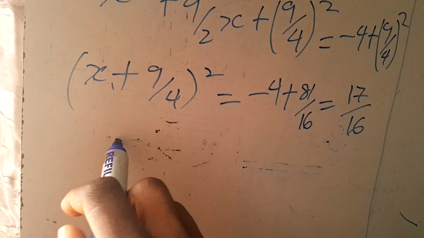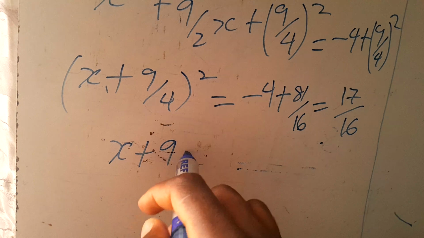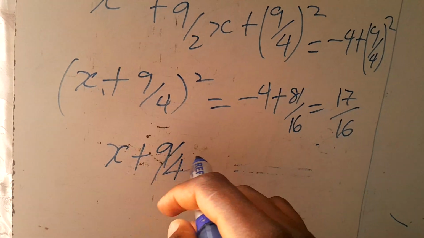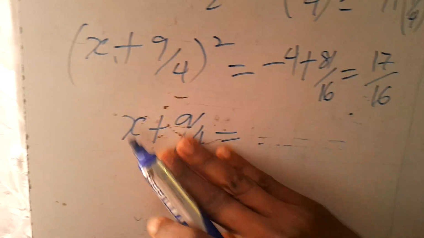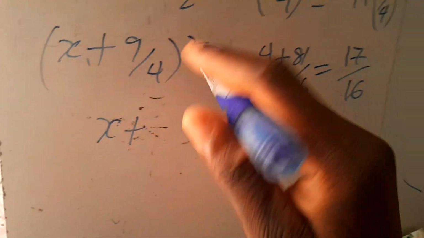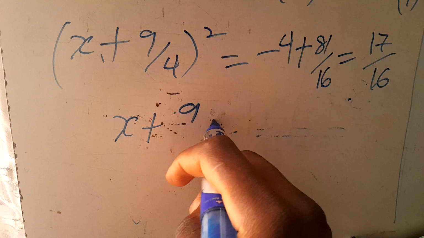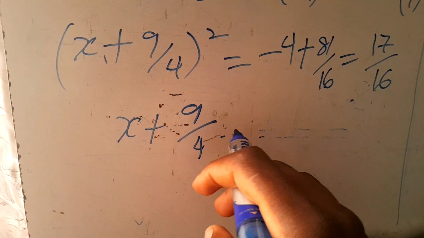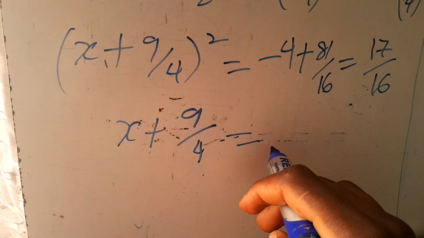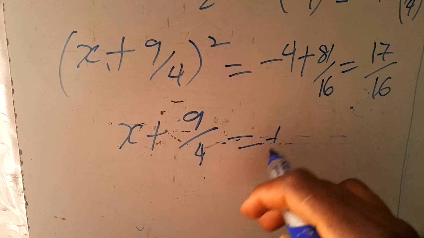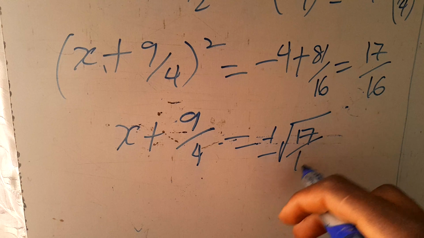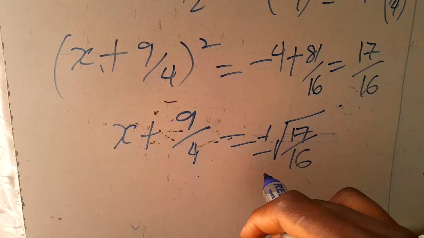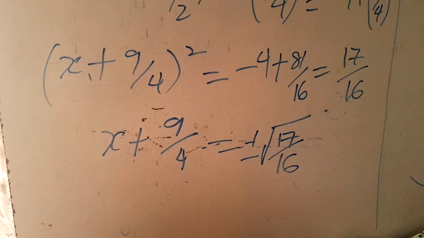Now, here we will have to find the root of x plus 9 over 4 squared, and the root will be x plus 9 over 4 is equal to plus or minus the square root of 17 over 16. We want to find the value of x alone.